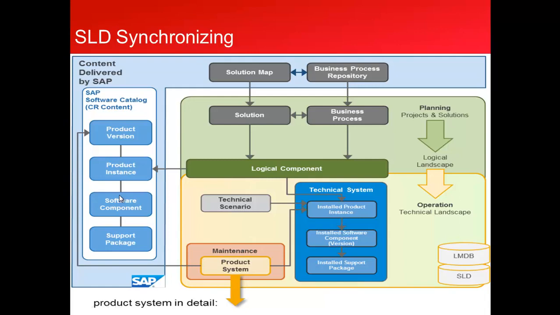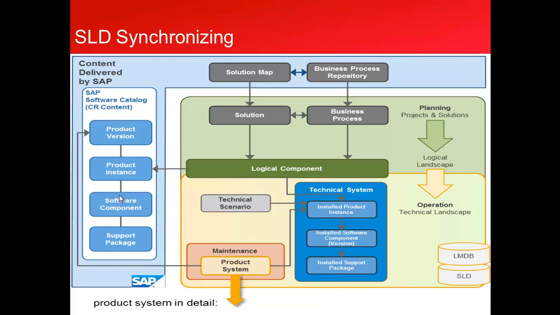So product, basically what we have seen, is the applications SAP ships and groups, a set of functions to solve business requirements. Then product version is basically installing a particular product version on hardware and keeping track of all the versions. Then software component.